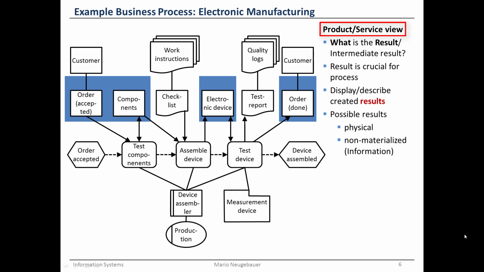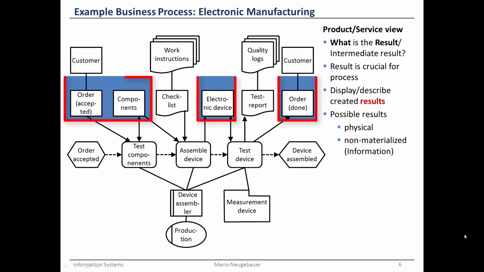The product or the service view concentrates on the question, what is the result or the intermediate result in the process? Or also, what is required as a pre-result, as a product or as a service, which is required in a certain process step.